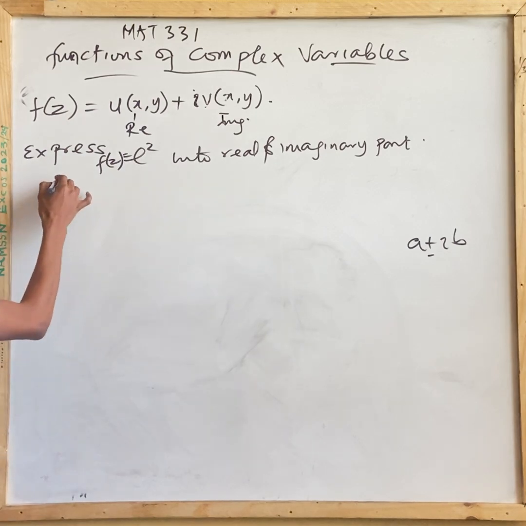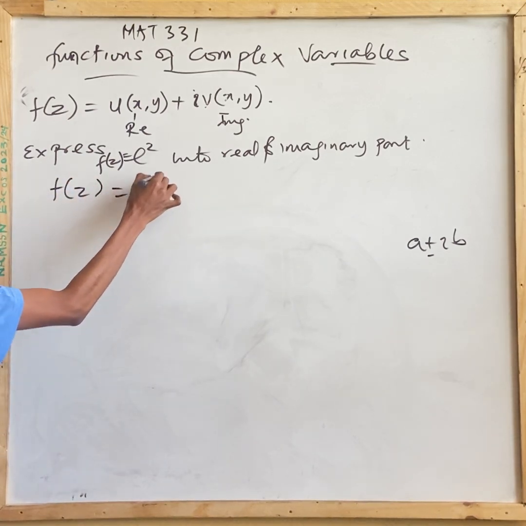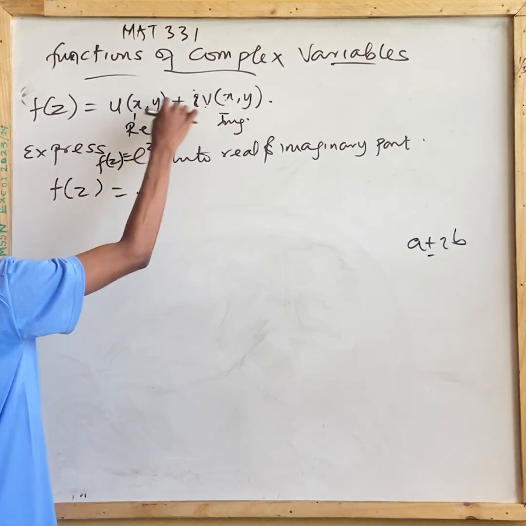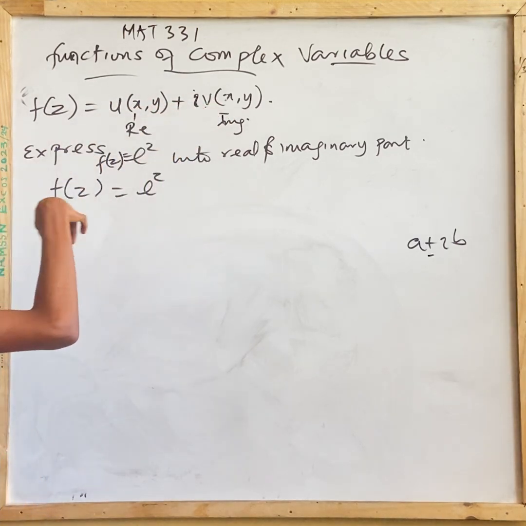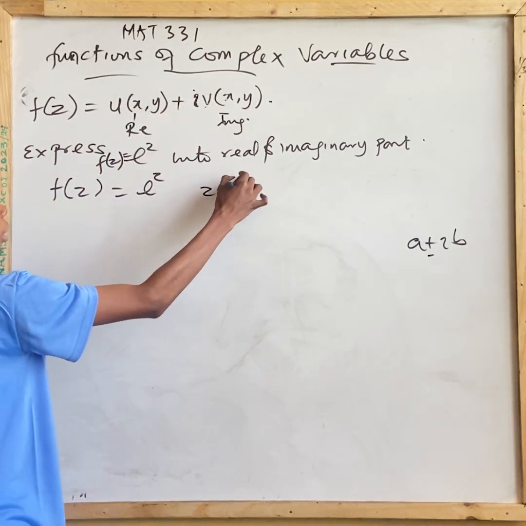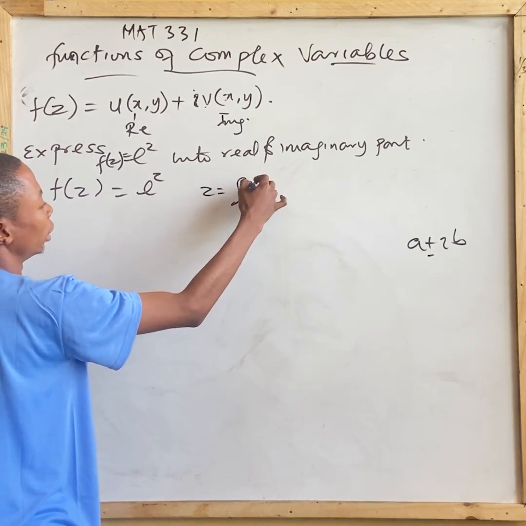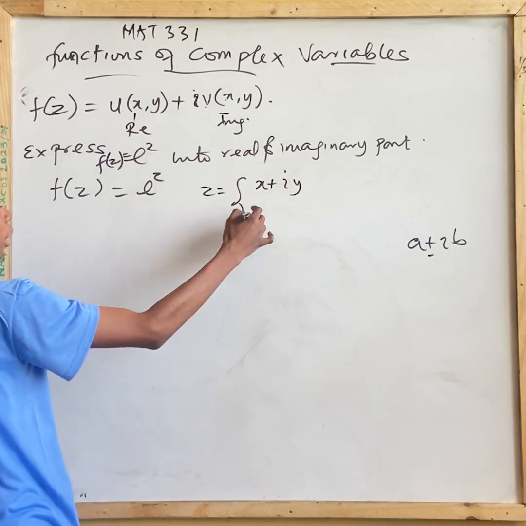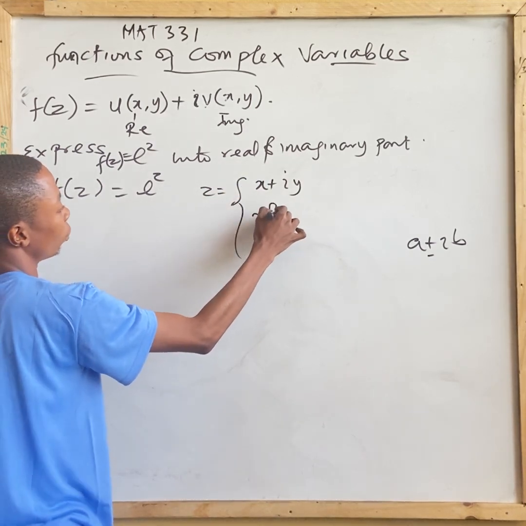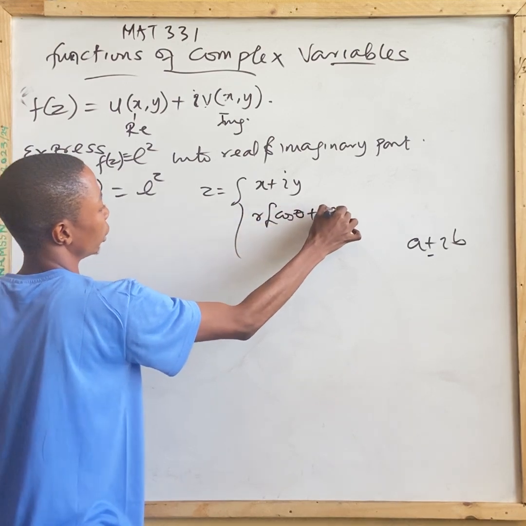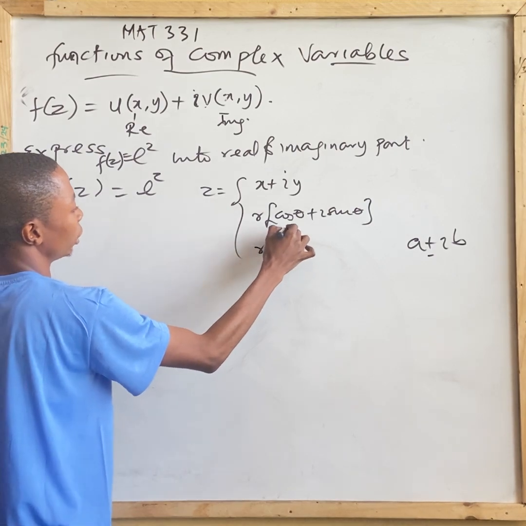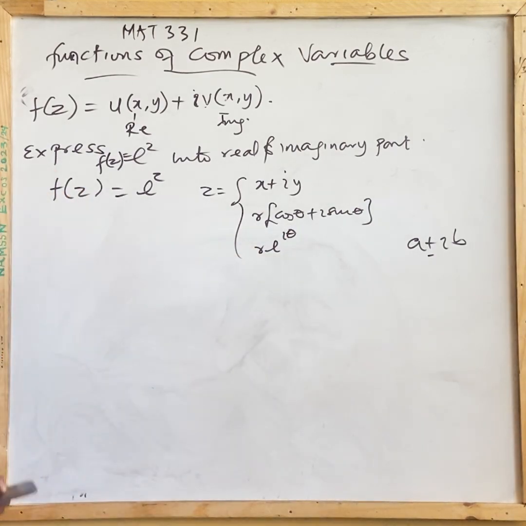You recall that z can be expressed in Cartesian or rectangular form, x plus iy. Z can also be expressed in polar form, r into cos theta plus i sin theta, and as r exponential i theta, which is the exponential form of a complex number.